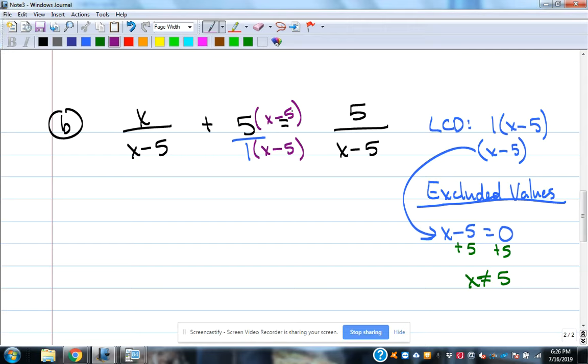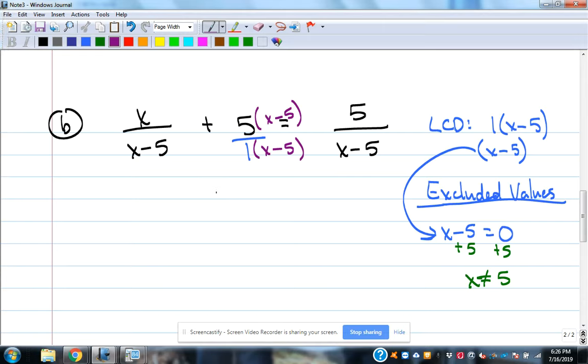All right, so it already had the 1, so it needed the x minus 5. So we multiply top and bottom times x minus 5. That allows us to then do the numerator equation. Remember, because we've got the excluded value over here, we can drop the denominators, which makes this look a lot easier.